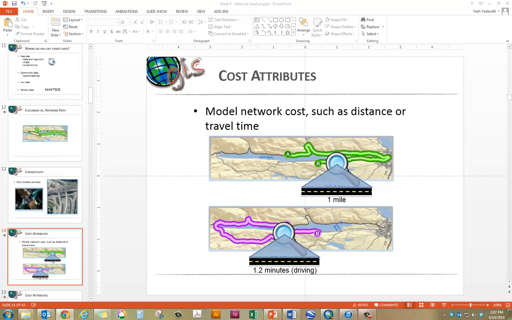Whenever an agent traverses, the cost of traveling from A to B is, say, 1 mile or 1.2 minutes in driving time. So whenever we talk about network analysis, the cost is always distance or time. So that's what a cost attribute is.